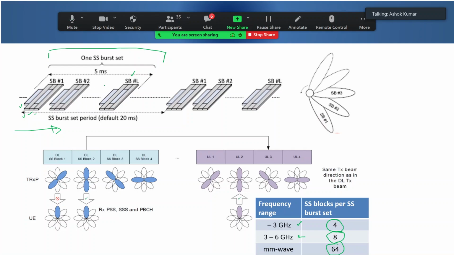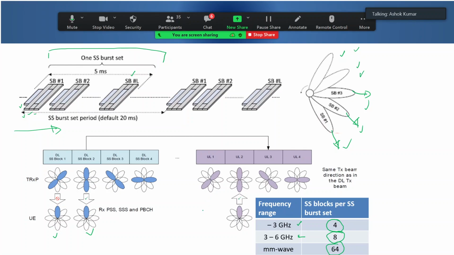So let us look at an example of beam forming. In this beam, say SSB1 is getting transmitted. Then the next beam will be formed and SB2 will be transmitted, SB3 and so on. So every beam is having a synchronization signal block, a specific synchronization signal block for every beam. So suppose your device is here.